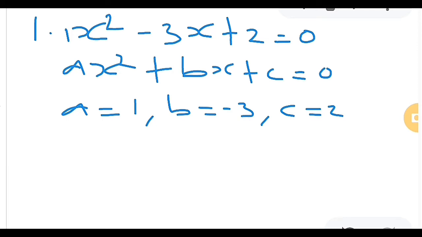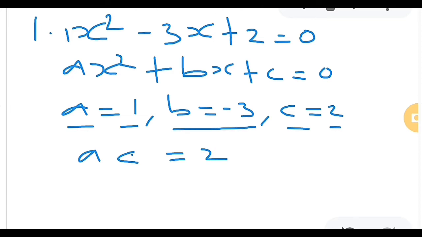So the first step you do is you multiply a with c. A is 1 and c is 2, so ac, that is a times c, will give us 2. So you look for the factors of 2 that give you negative 3, that is b.